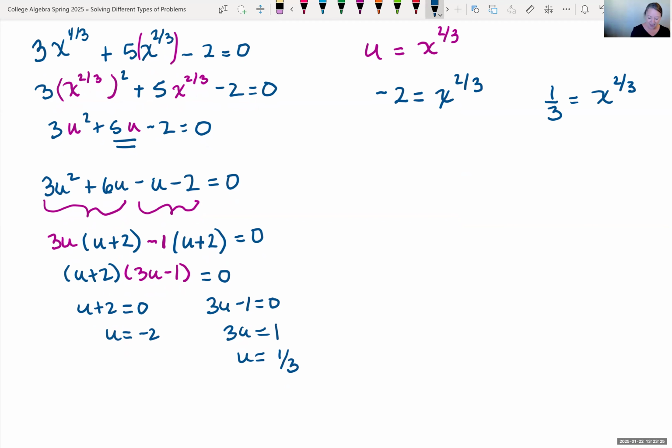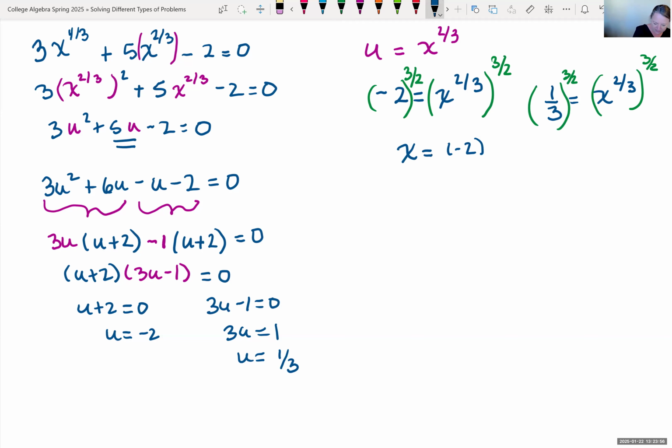I notice if I multiply 2/3 by the reciprocal, 3/2, I get back 1. So let's raise both sides of our equation to the reciprocal of 2/3, 3/2. So I get x is equal to this -2 all raised to the 3/2 power.